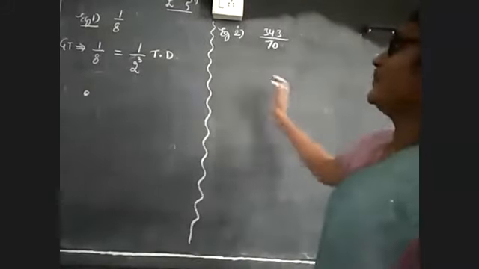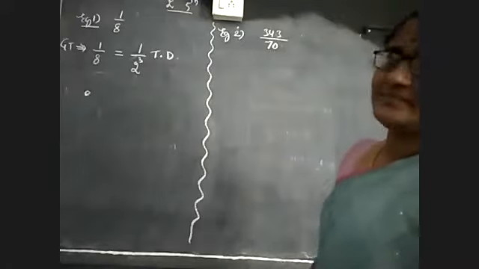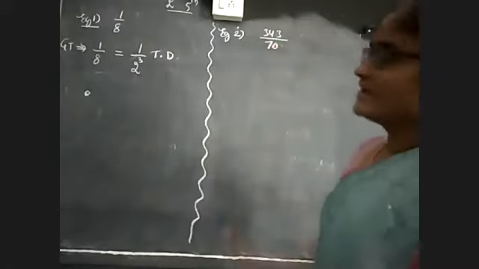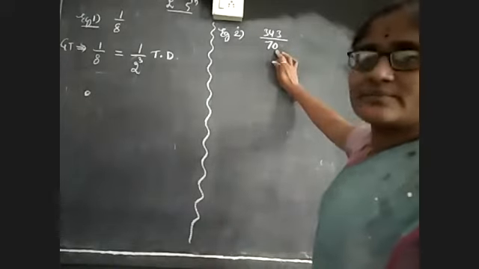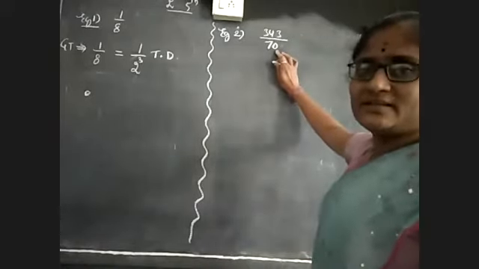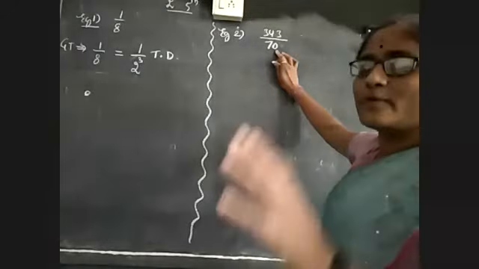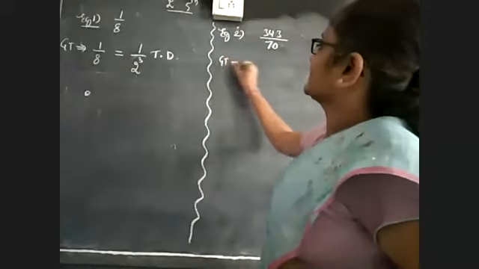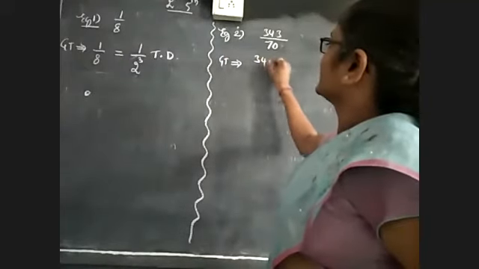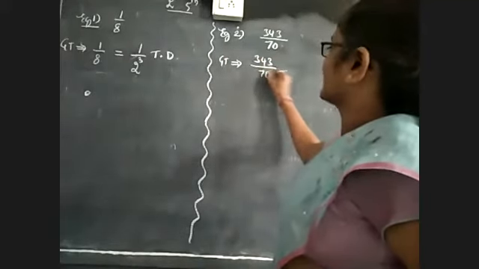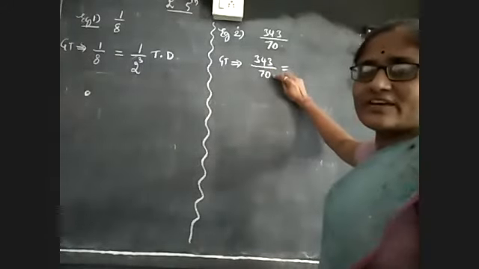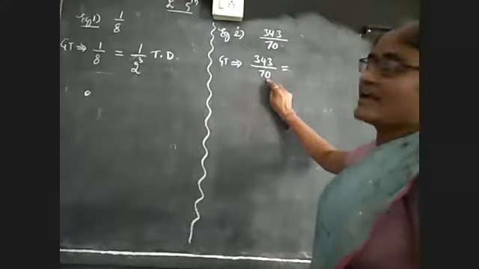Similarly, observe the second question in parallel. I took 343 by 70. Is this terminating or non-terminating? You have to explain without performing the actual division here also. Let us take the given number 343 by 70. Should we write the prime factorization of 343 or 70? 70.